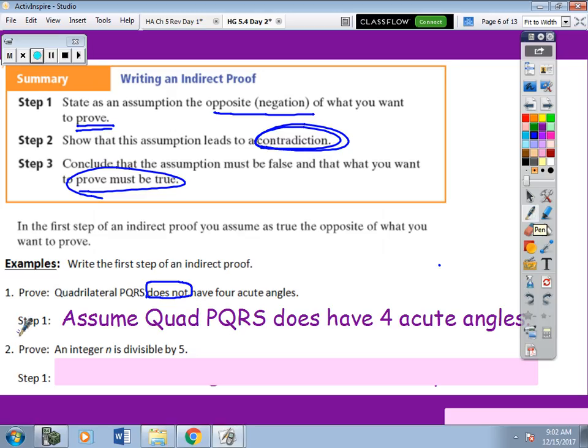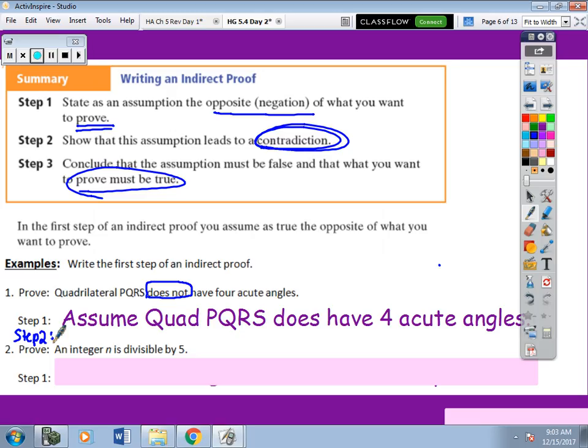It doesn't ask us to do step 2, but let's just think it through. Step 2 is to show that this assumption leads to a contradiction. So why would having 4 acute angles lead to a contradiction of a quadrilateral? What do we know about quadrilaterals? They have 4 sides. What else do we know about their angles?